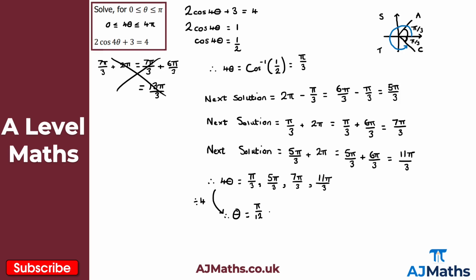And hopefully you can see here then for each solution now for theta, I'm going to take the respective solution here and just times the denominator by 4. So I'm going to get 5 pi over 12, 7 pi over 12. And then finally 11 pi over 12 there.